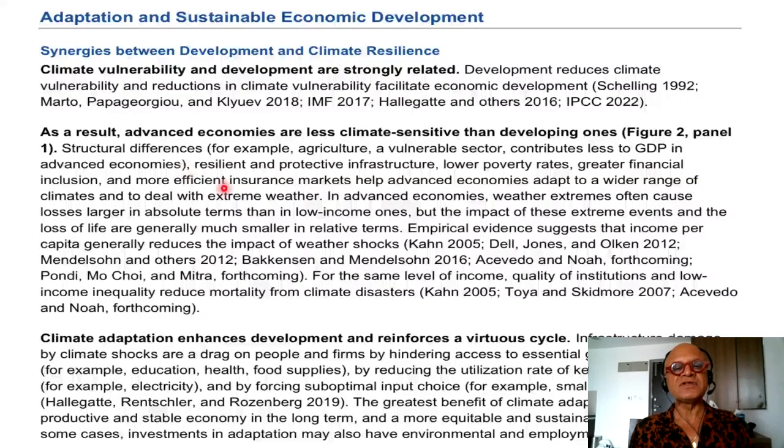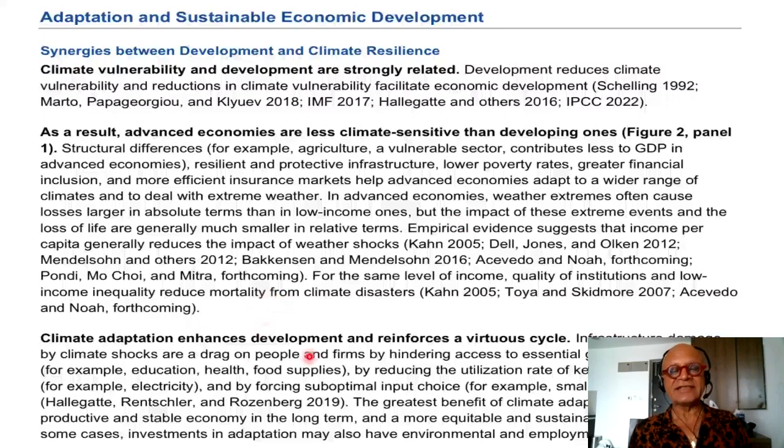So structural differences, resilient and protective infrastructure, lower poverty rates, greater financial inclusion, and more efficient insurance markets help advanced economies adapt to a wider range of climates and to deal with extreme weather. Obviously this is not the same for lower economic economies that are not advanced.